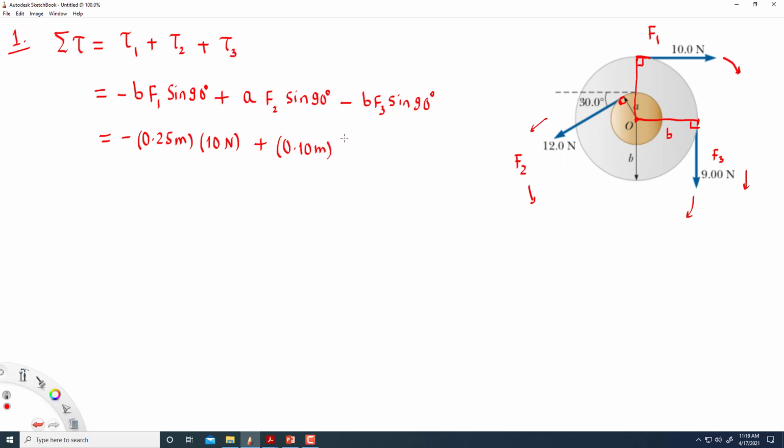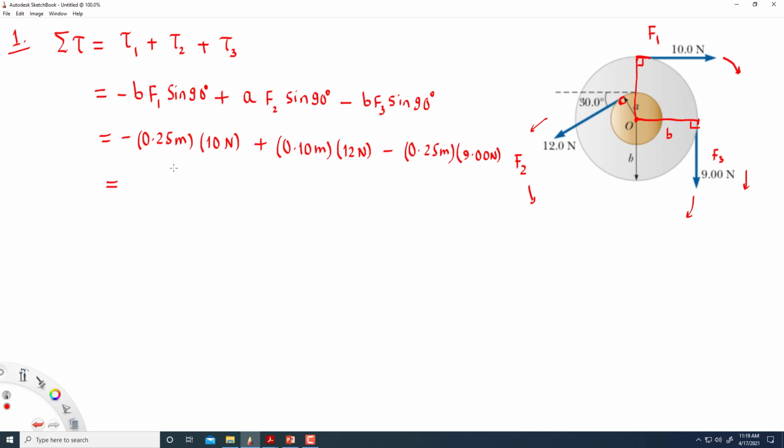F2 is 12 Newton. And B is 0.25 meters. F3 is 9 Newton. Okay, so do the calculation. That will give you the net torque. Okay, so let's see what you get.